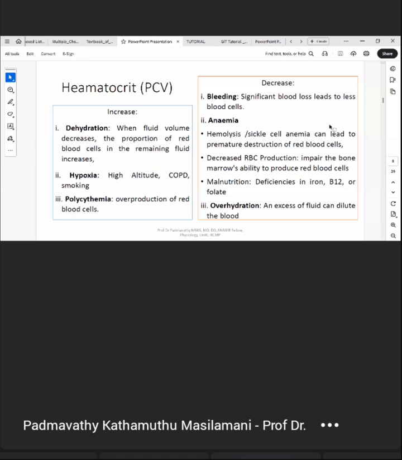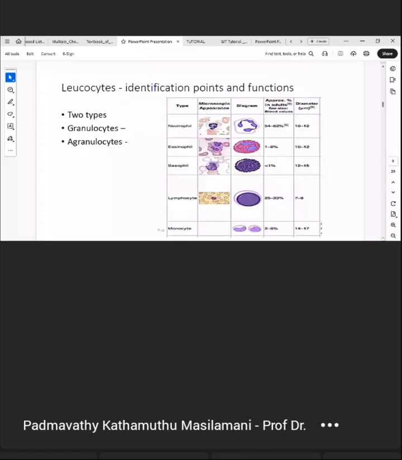The opposite condition will cause a decrease in hematocrit. Hematocrit is the percentage of RBC in the total volume of blood. So any bleeding or anemia that decreases RBC count will decrease hematocrit, and also overhydration, that is dilutional anemia, will cause a decrease in hematocrit.